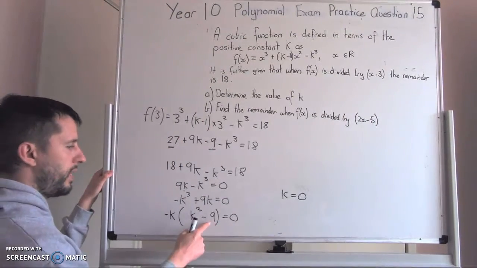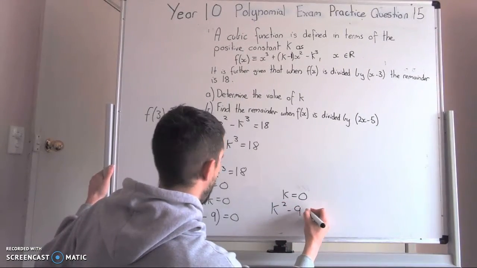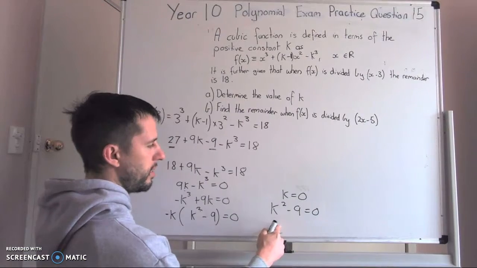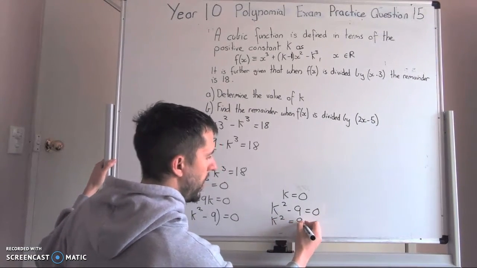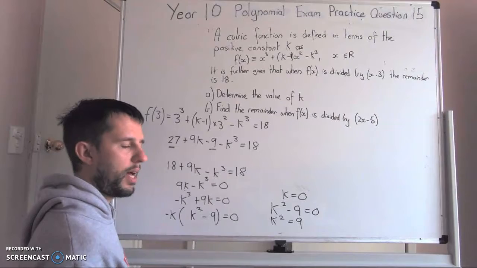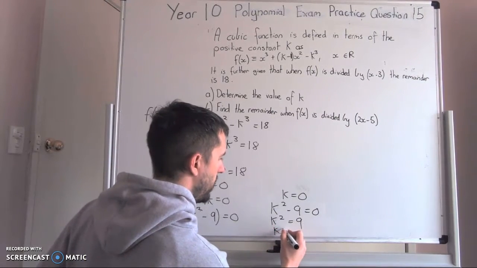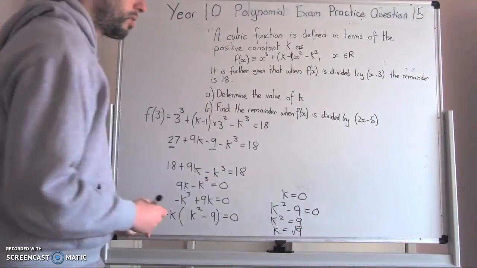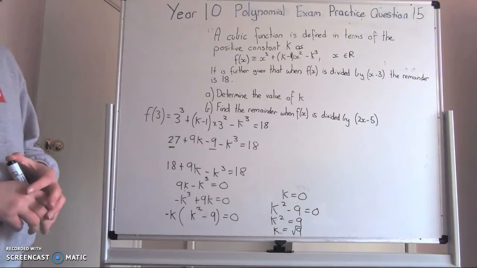Then over here, we've got k squared minus 9 is equal to 0. So if I simplify this, it is k squared equals 9, because I add 9 to both sides. And then finally, for k, I square root 9. So square rooting 9 means k will equal 3.